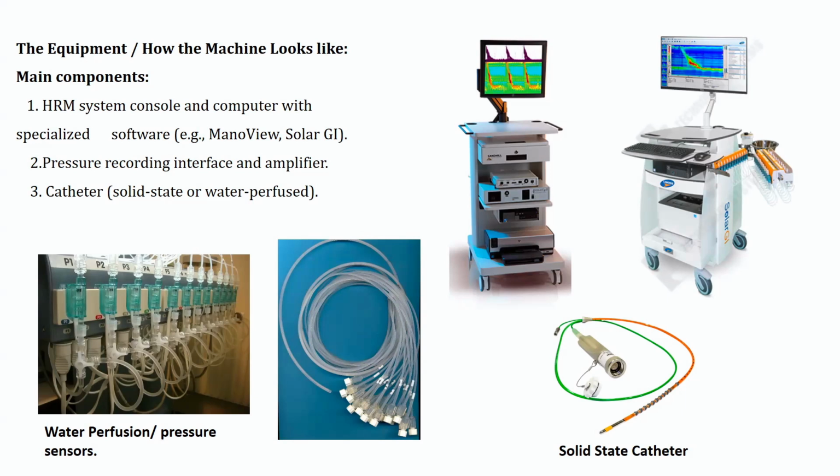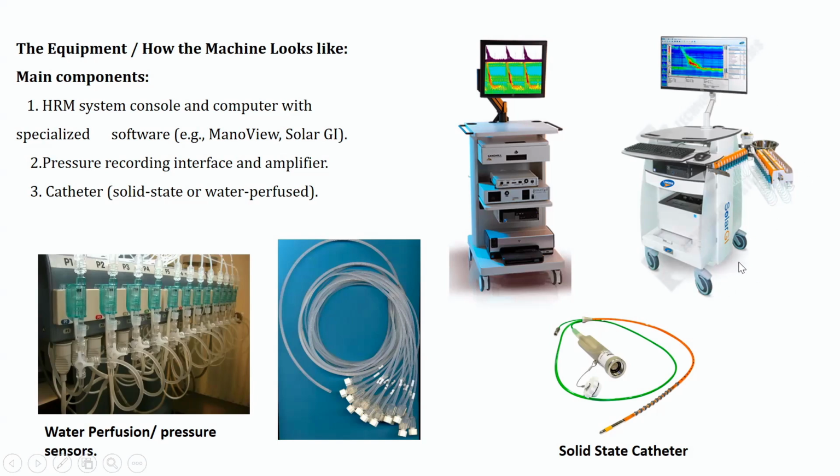Most probably now, recently, they have reference numbers, for example for IRP, that cover both solid state and water perfusion. But if you are reading some literature or guidebooks, you can see that there is solid state and there is water perfusion. So this one on the top right is the water perfusion system.